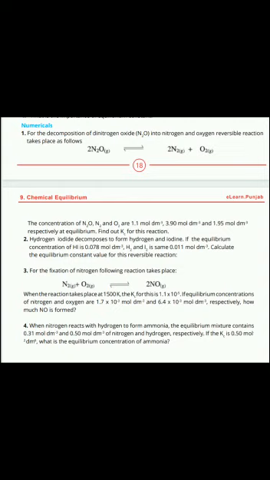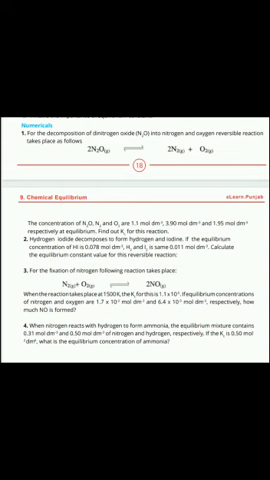Third step, writing the formula. Kc is equal to, which thing do you have to write in the numerator? Products. Here products are nitrogen and oxygen. You have to write the products N2 power 2 into O2 power 1, because there is one mole of oxygen, divided by, in the denominator you have to write the concentration of reactants.